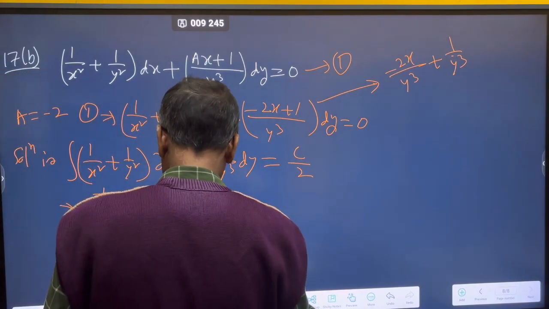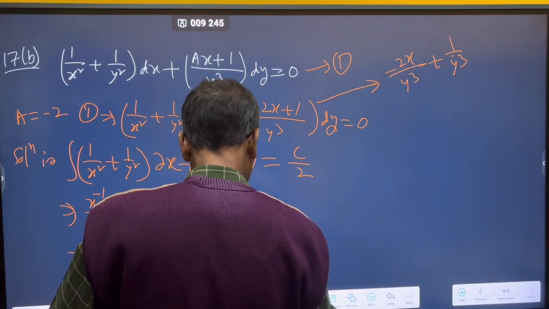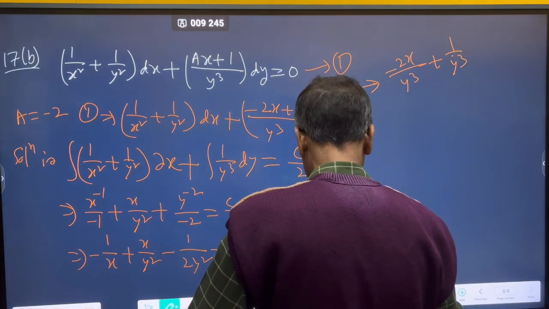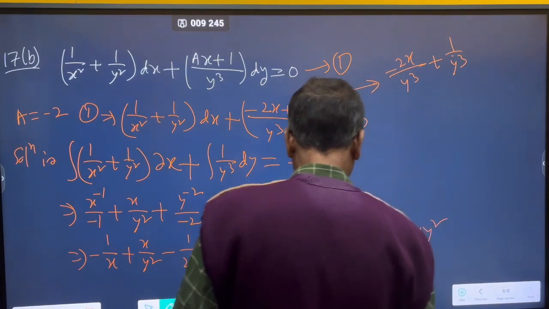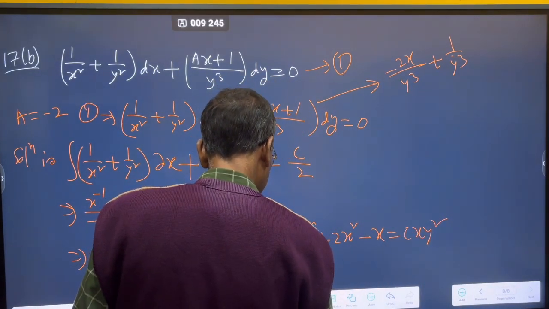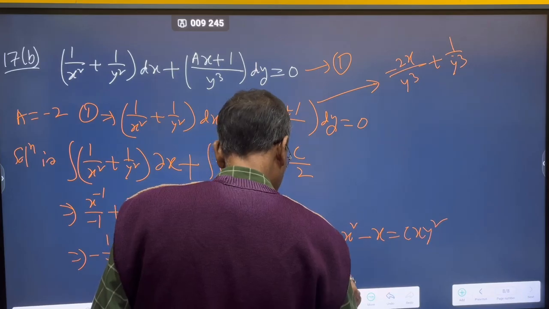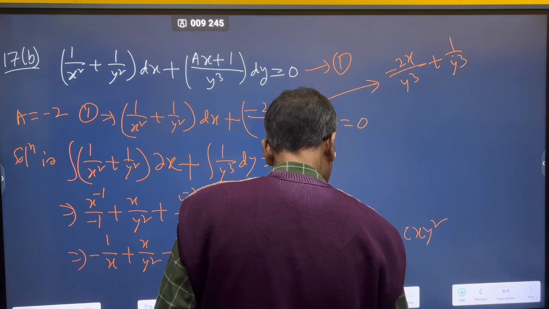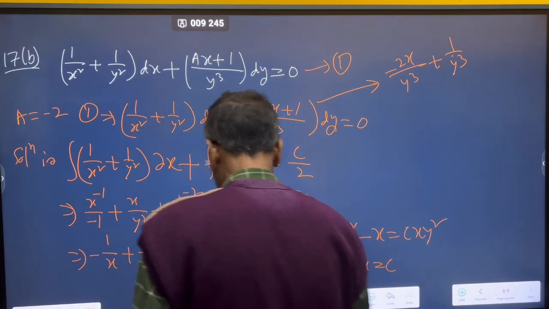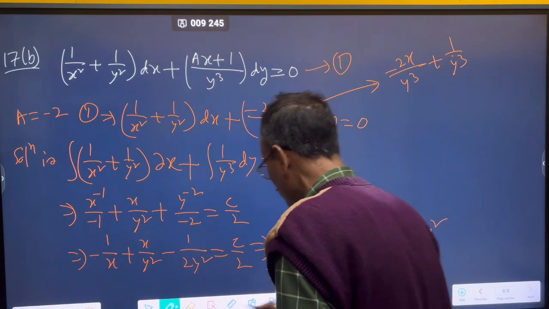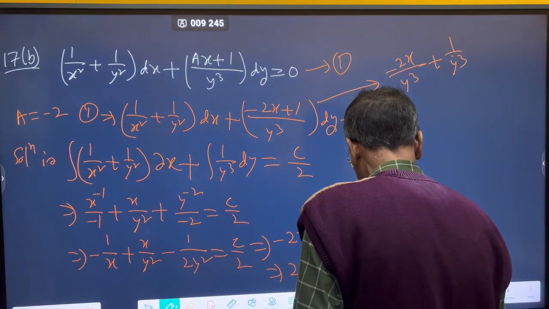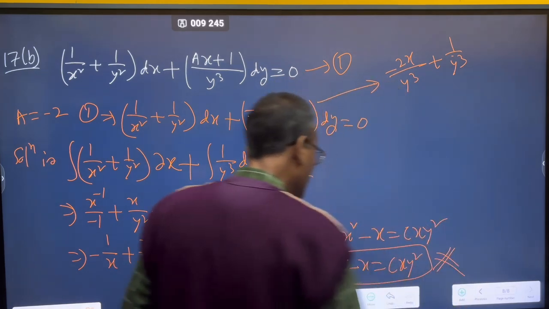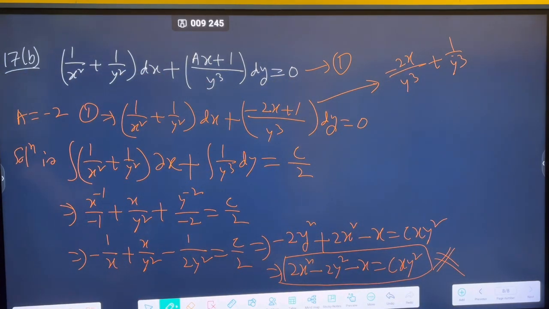Multiplying both sides by twice x y square, we get minus twice y square plus twice x square minus x equal to cx y square. This is the answer. We have solved this equation.